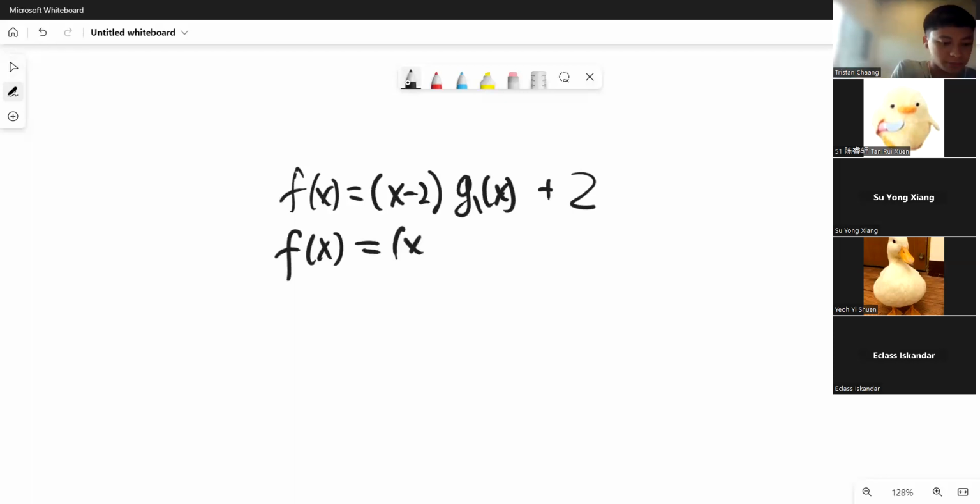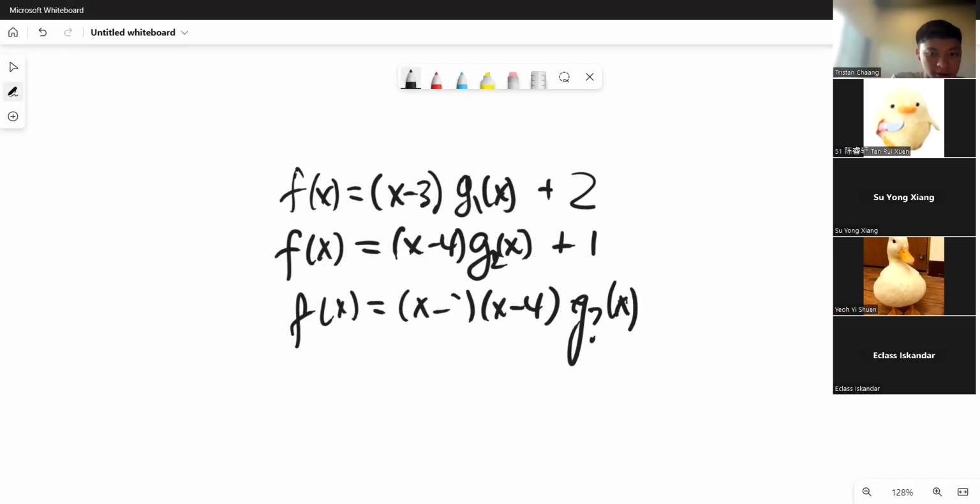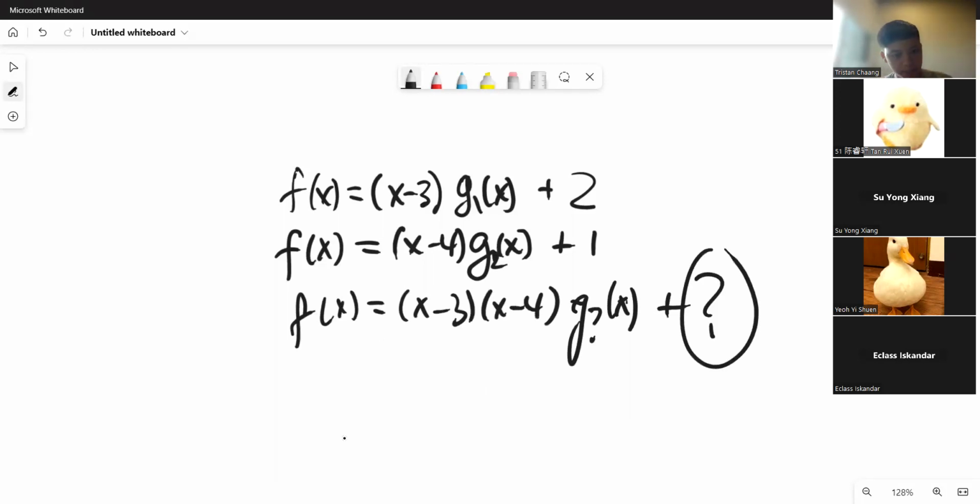It also leaves a remainder of 1 when divided by x minus 4. So what's the remainder of, sorry, x minus 3, no, x minus 2, plus what? So what's the remainder of this thing?